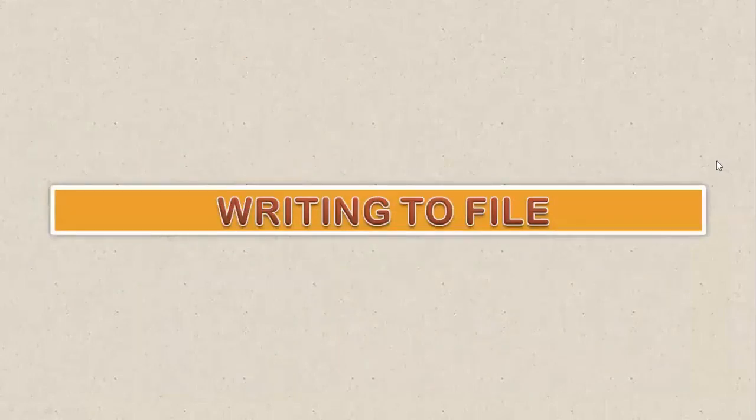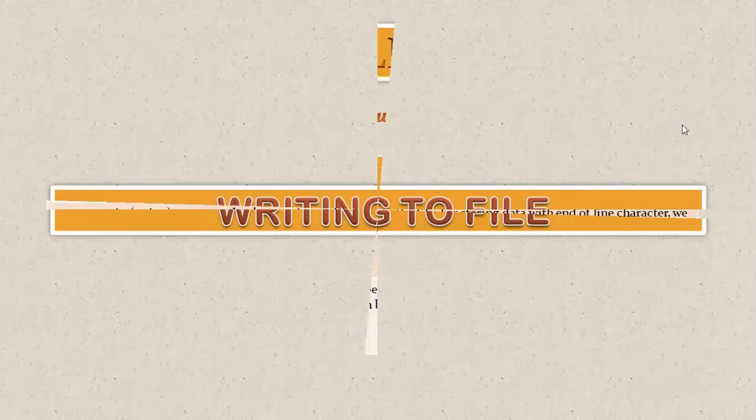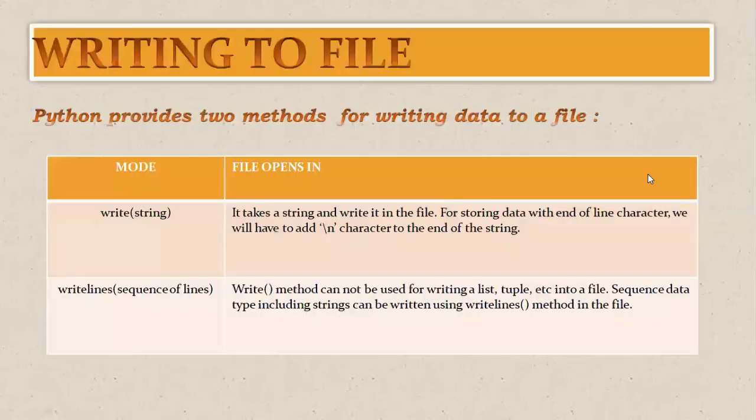Now let's see how to write inside a file. For writing data inside a file, we have only two functions. The first is the write function and the second is the writelines function. The write function takes a string and writes it in the file. Whatever we need to write inside the file, we put as the parameter of the write function.